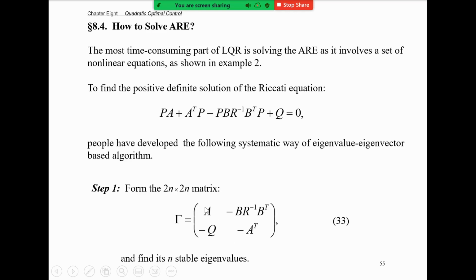Those are the entries for this matrix. It's a more complicated matrix. But it can be shown that this matrix has n stable eigenvalues and also n unstable eigenvalues, and we are only interested in those n stable eigenvalues.